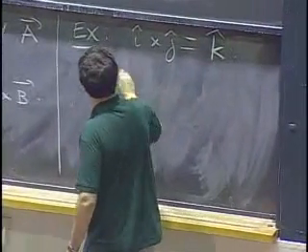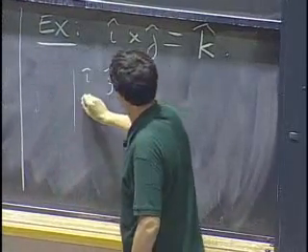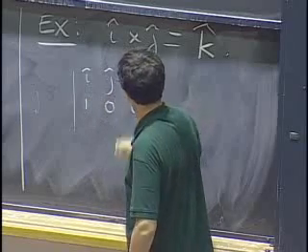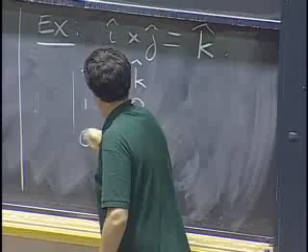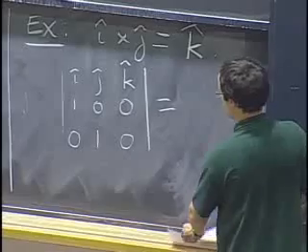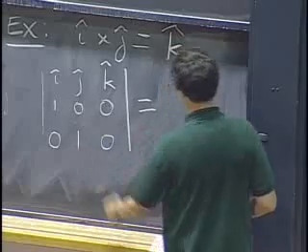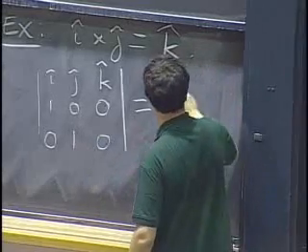Well, let's check with the definition. IJK, what is I? I is 1, 0, 0. J is 0, 1, 0. So the coefficient of I will be 0 times 0 minus 0 times 1, that's 0.